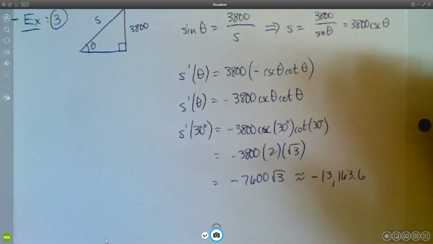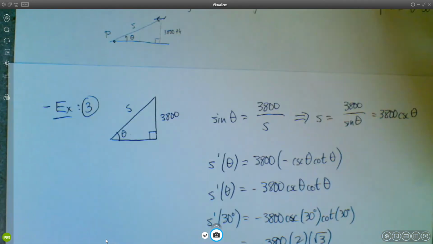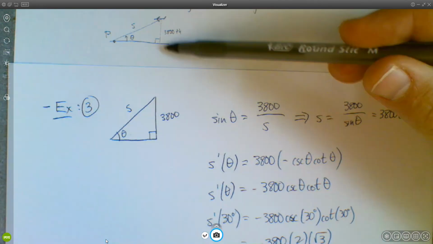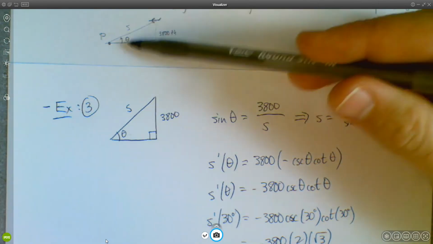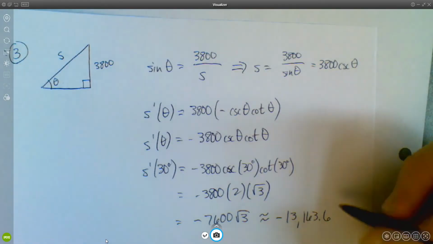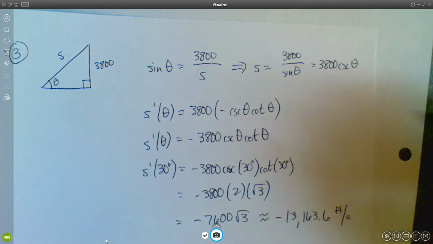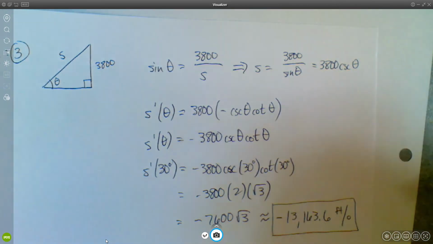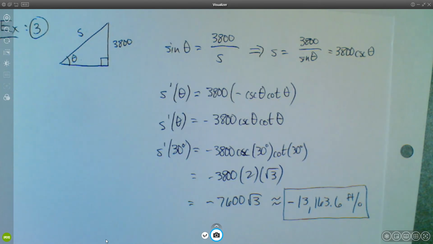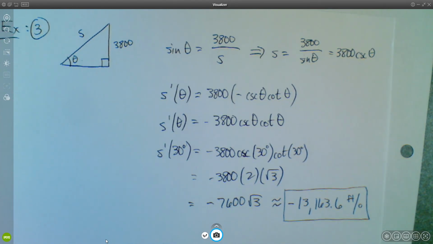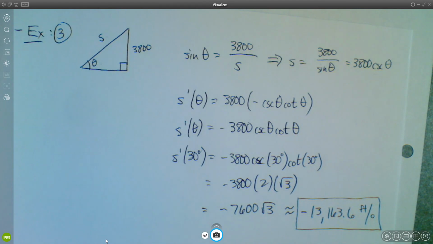And I guess we should give some units of measurement, right? So s was, or the horizontal distance was given in feet. That means we solved for s in feet. So this should be feet per degree, I suppose, right? Okay. All right. So that's that one.